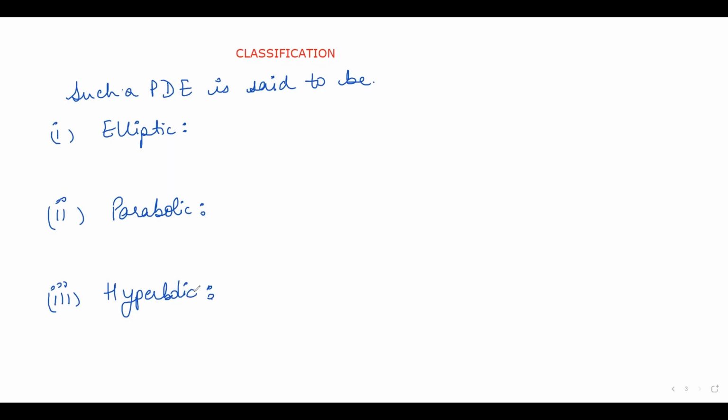For the elliptic, we have the condition that delta, that is b square minus 4ac, must be less than 0. The sign should be negative. Then that particular equation is said to be an elliptic partial differential equation. If this delta is equal to 0, then it becomes parabolic.